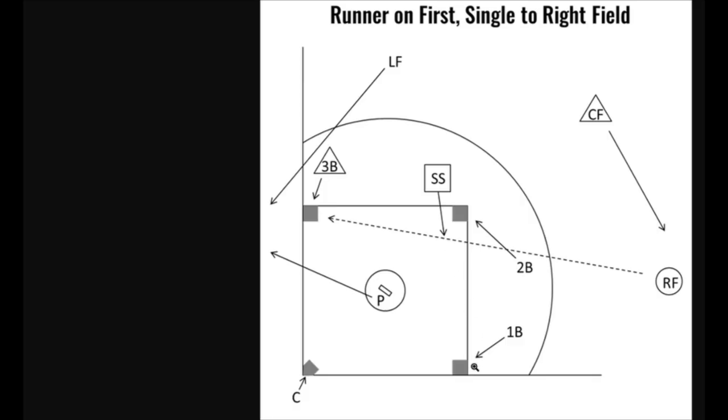So runner on first, ball hit to right field. We're going to slide Silas over and be the cutoff. Tanner, you're going to cover the bag. Solomon, you stay home. Left fielder, Clayton, pitcher, Eli, whoever, you're going to be in this vicinity. Once again, you got that dashed line. It's a game of lines.